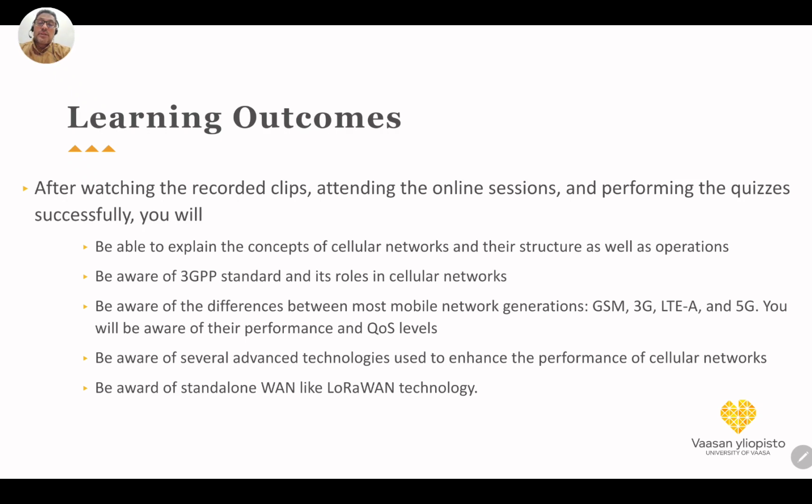Be aware of the differences between most mobile network generations, like the differences between GSM, 3G, LTE advanced, and 5G, their performance and quality of service levels. Be aware of several advanced technologies used to enhance the performance of cellular networks, like small cells, opportunistic scheduling, MIMO technologies, and so on. Be aware of the standalone WAN, like long range WAN technology.